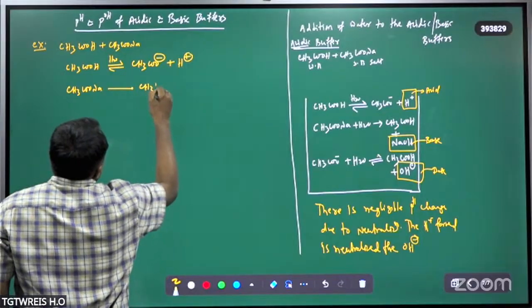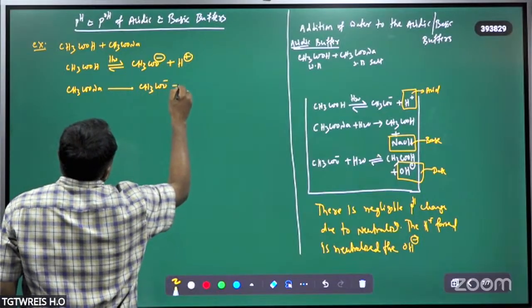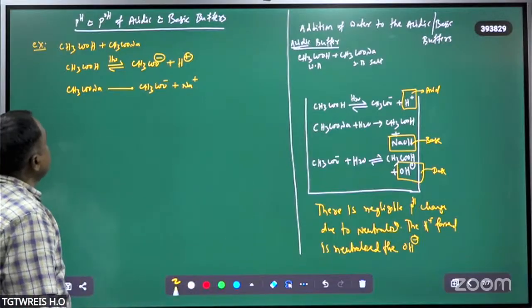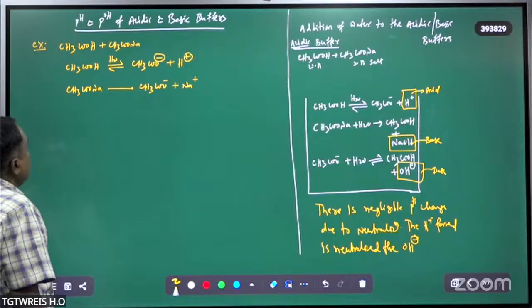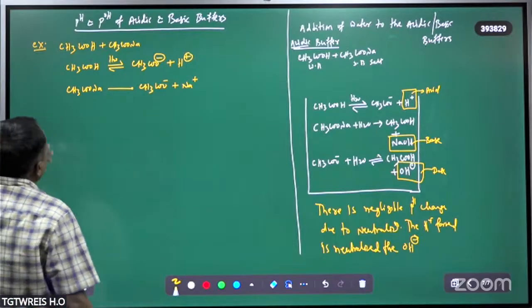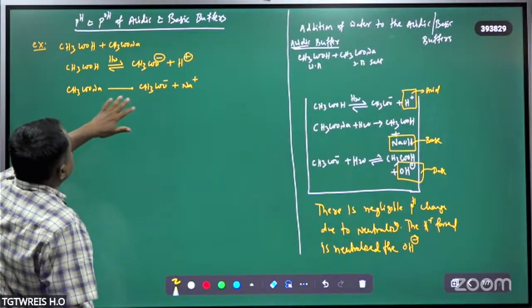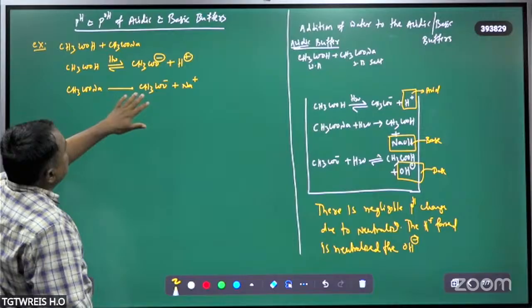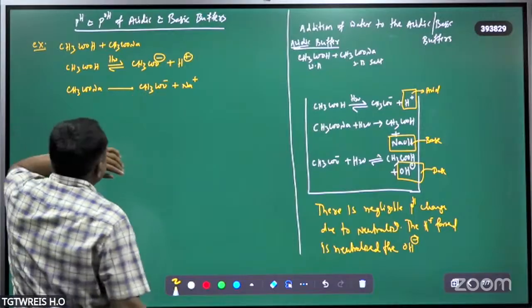CH3COONa is a salt of a strong base, also decomposed to CH3COO minus and Na plus.